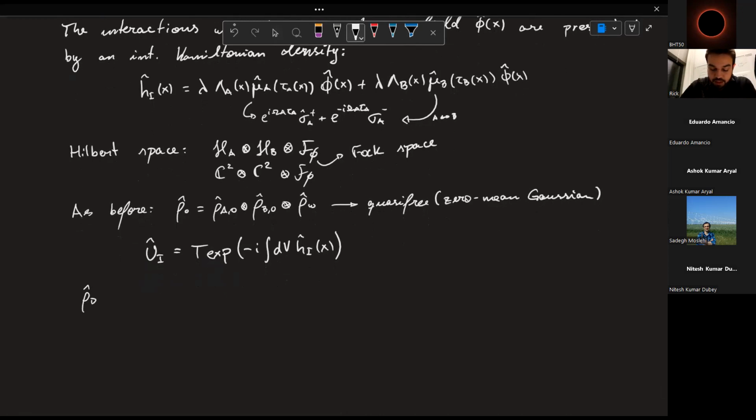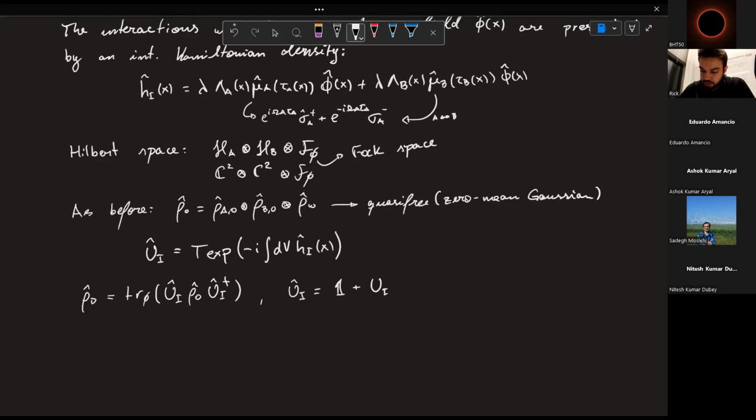So this final state of the detector, as we had before, is just going to be the trace over the field of U rho 0 U dagger. And we're going to use the Dyson expansion first for computing this.